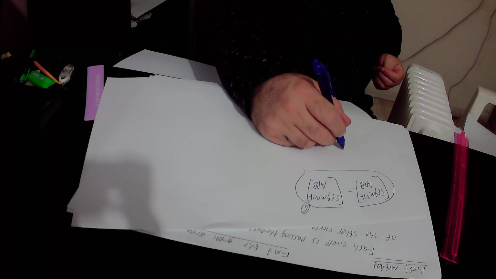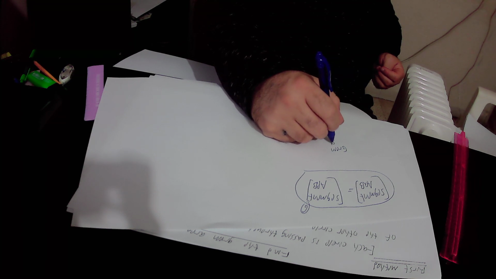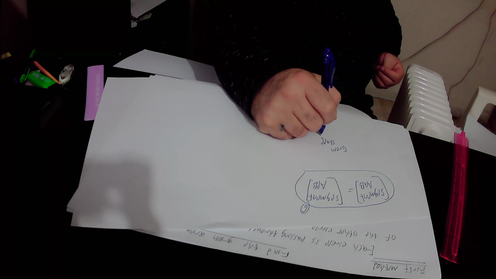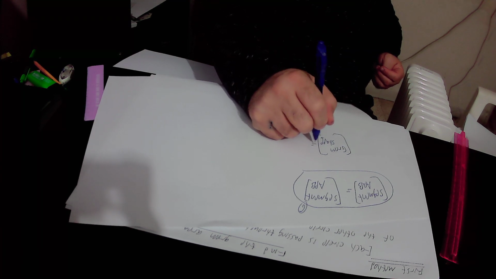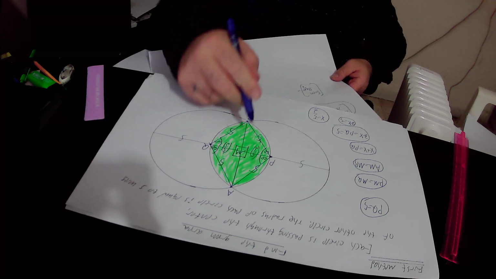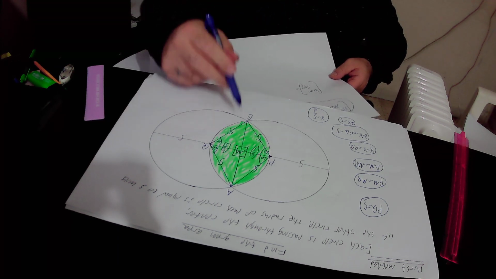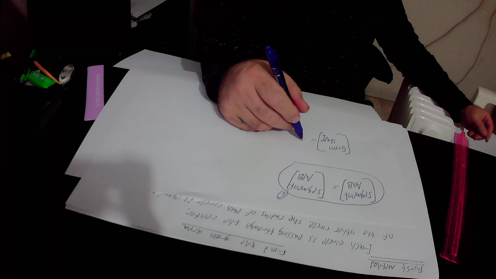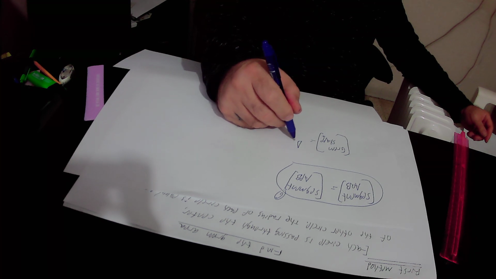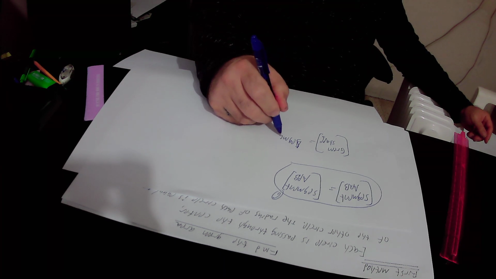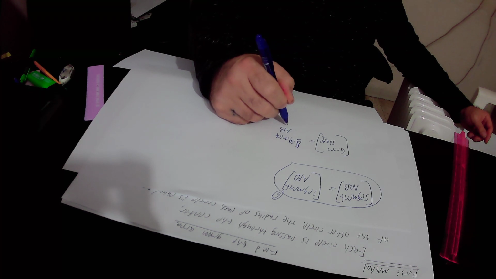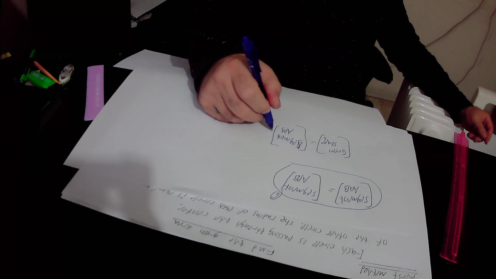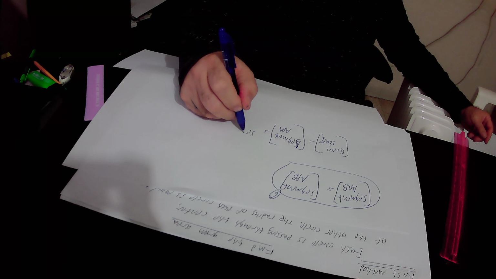The area of the green shape is equal to the area of segment APB plus the area of segment AQB.